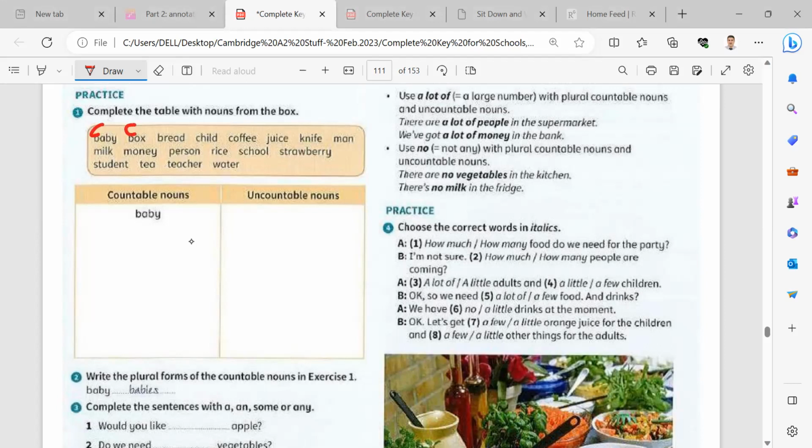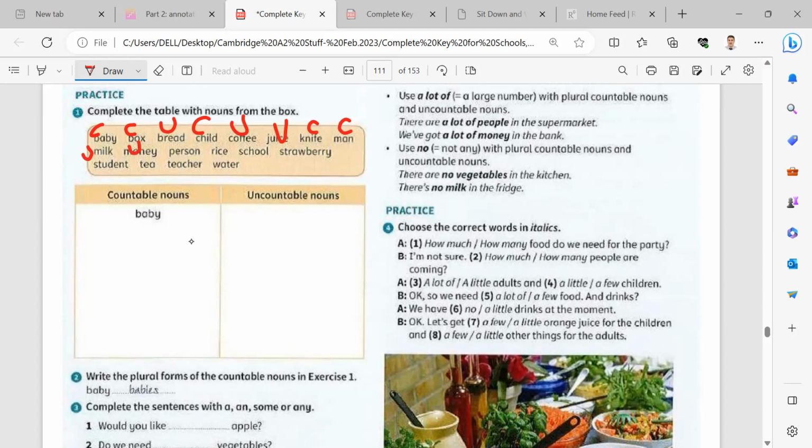Baby, countable. Bread, uncountable. Child, countable. Coffee, uncountable. Juice, uncountable. Knife, countable. Man, countable. Milk, uncountable. Money, uncountable.